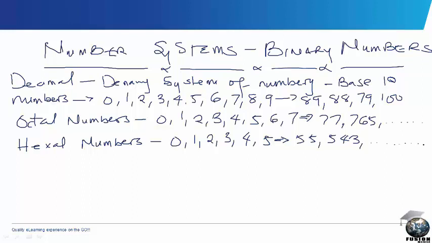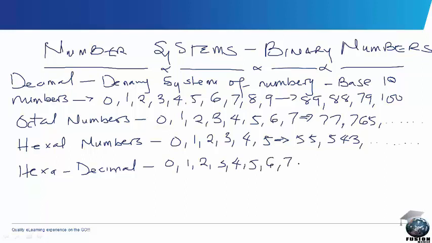We have the hexadecimal numbers, which has to do with a combination of hexal numbers and decimal numbers. When you combine the two of them, you will be having how many digits? You'll be having 6 plus 10, which gives you 16 digits. You can write it ranging from 0, 1, 2, 3, 4, 5, 6, 7, 8, 9.